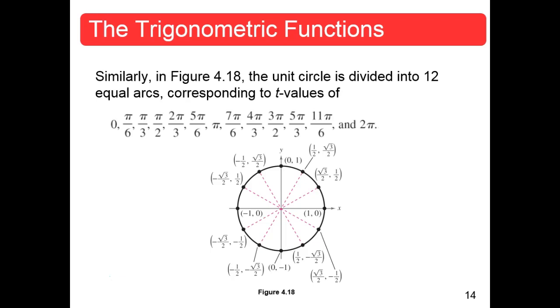Now we know that the y value here is exactly the same value as the y value there, only this is a minus, right? Let me draw that line in here.